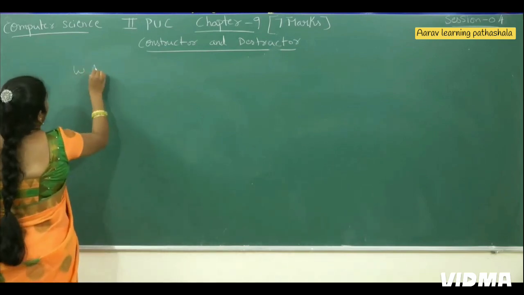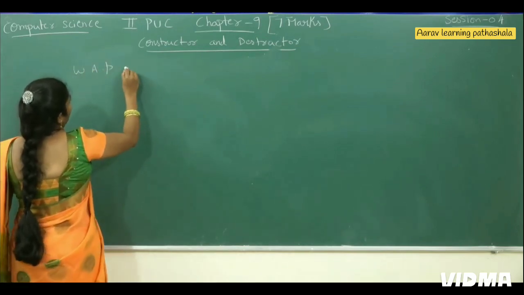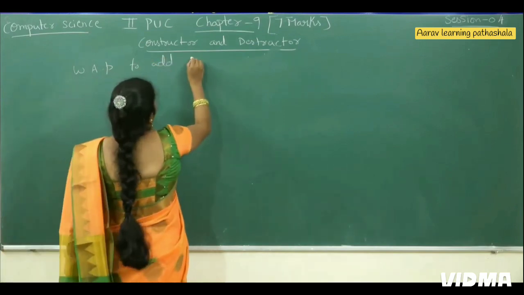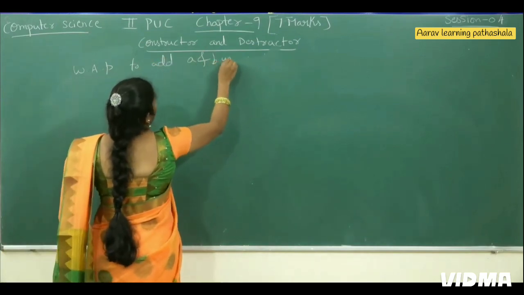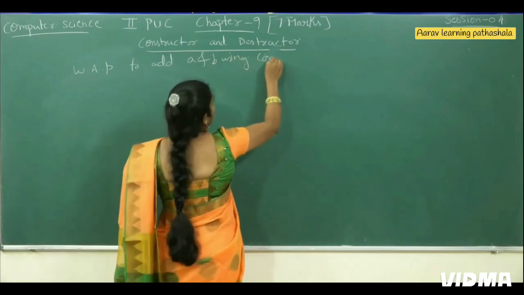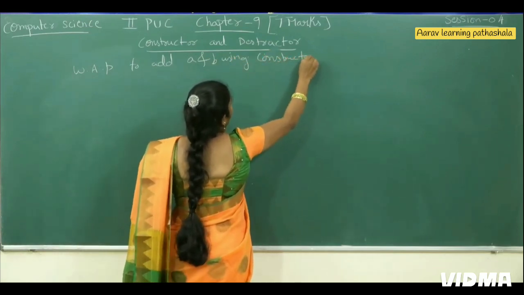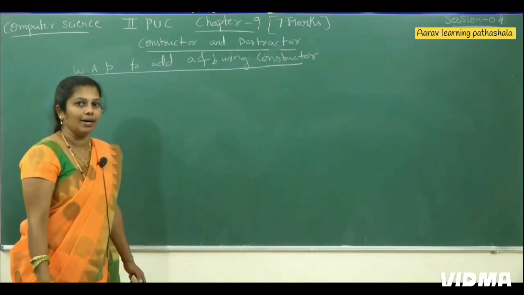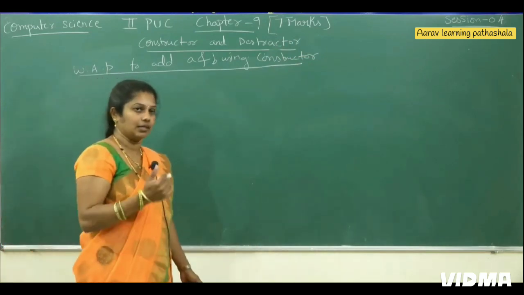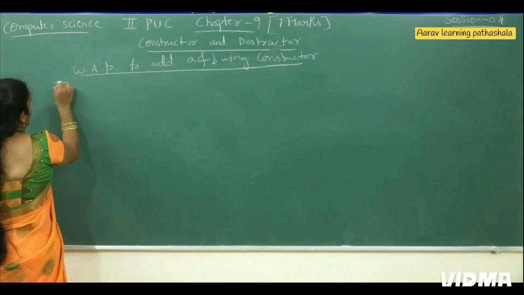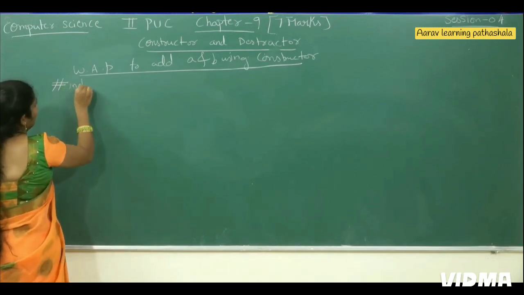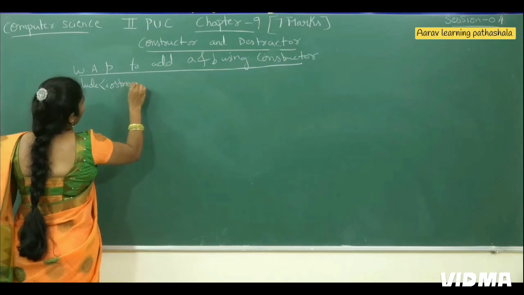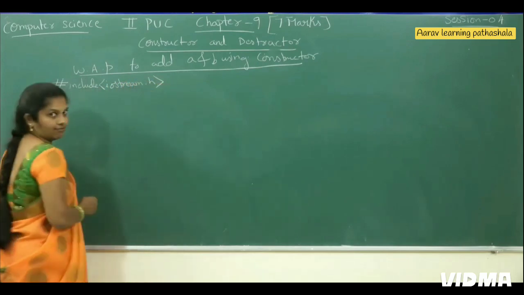For example, write a program to add A and B using copy constructor. I want to add 2 numbers A and B using copy constructor. Then how to write the program? As usual, first start with the header file, include iostream.h header file.